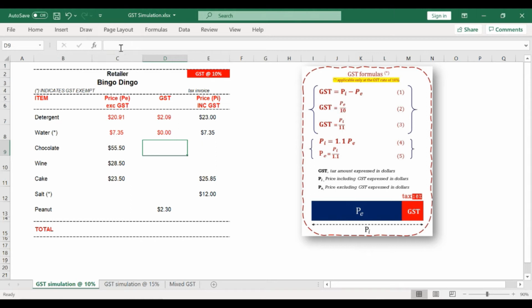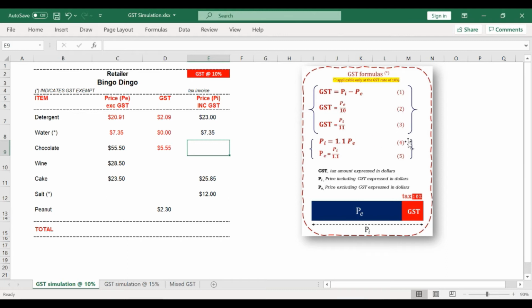So let's go ahead and reflect that formula in cell D9. We select C9, the price excluding GST, and then we divide it by 10. And the GST amount is $5.55.